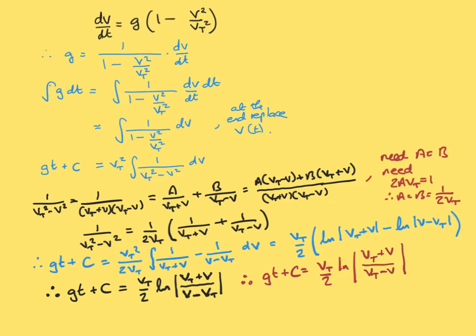And that is our equation. What I want to do on the next slide is to work out what c is, and also to rewrite this so that we have not t as a function of v, but v as a function of t. So we want to rearrange this equation and solve for v in terms of t. I'll do that on the next slide.